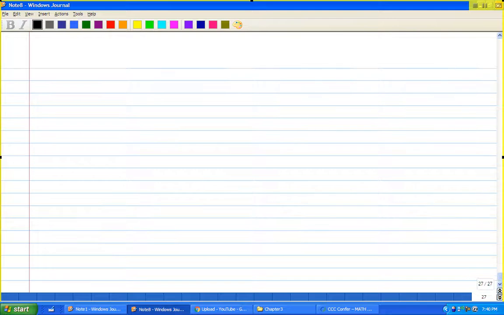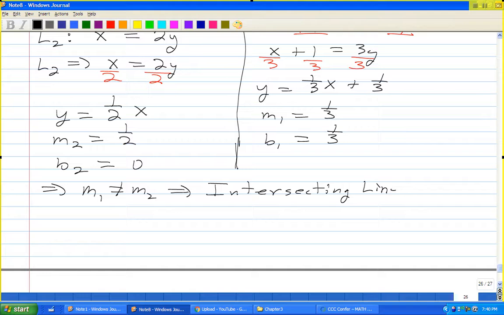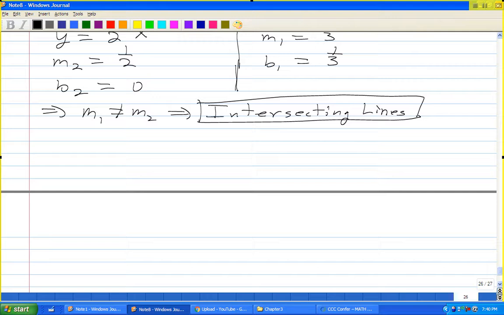So I have here that the slopes are not the same. So this is a case of intersecting lines. So there'll only be one solution. Not enough room here.